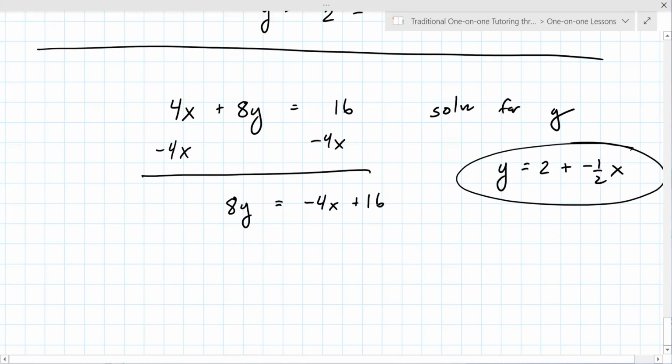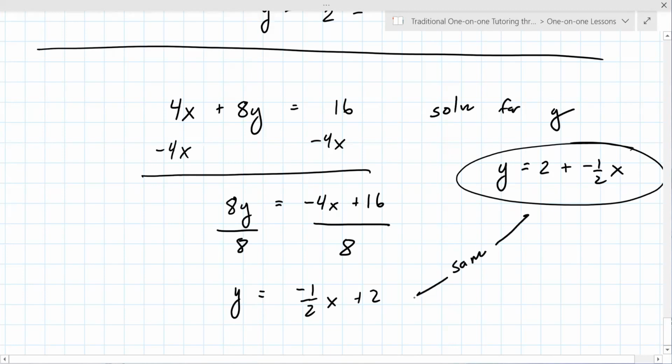There's just a preference for that. So when you divide by 8 on both sides, you get y equals -1/2 x plus 2. And these are the same. So you got this right, okay? These are the same, but there's a preference here for putting x first.